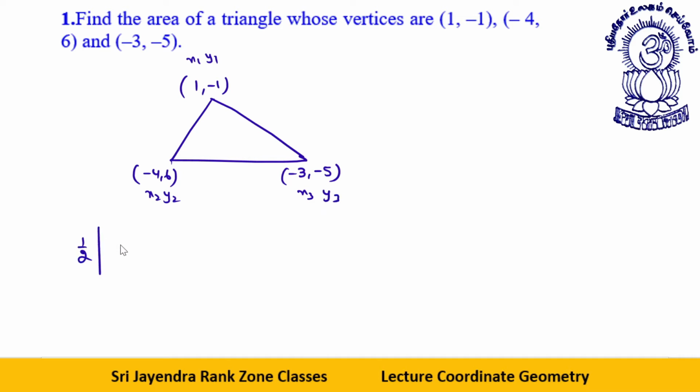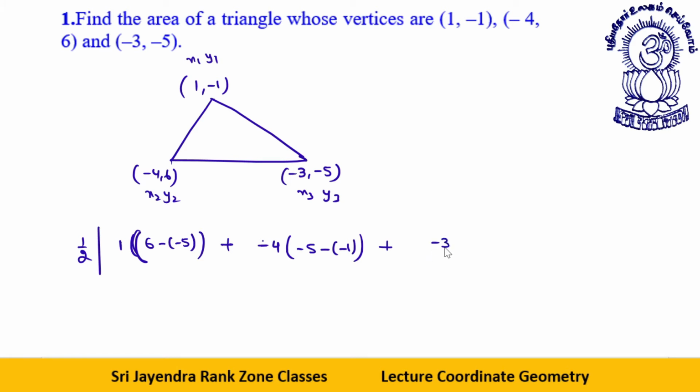I take x1 is 1. Now y2 minus y3, that is 6 minus minus 5, plus x2 is minus 4 into y3 minus y1, minus 5 minus minus 1, plus x3.